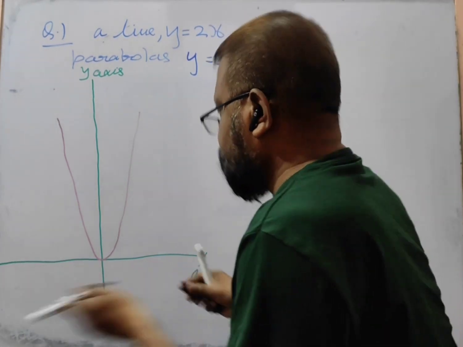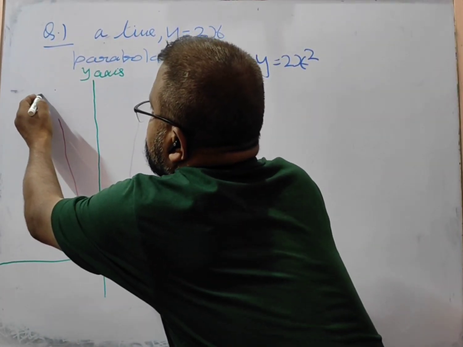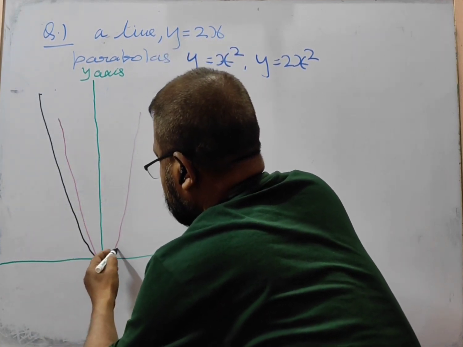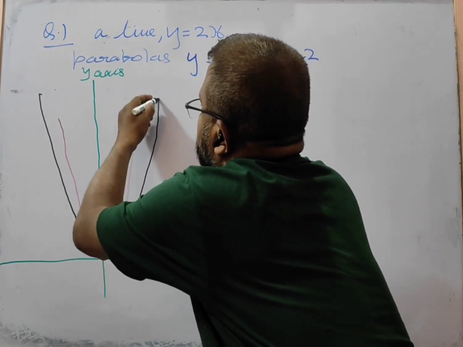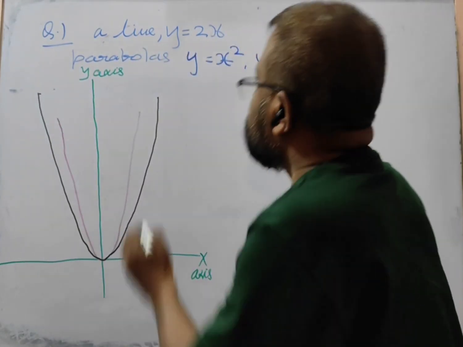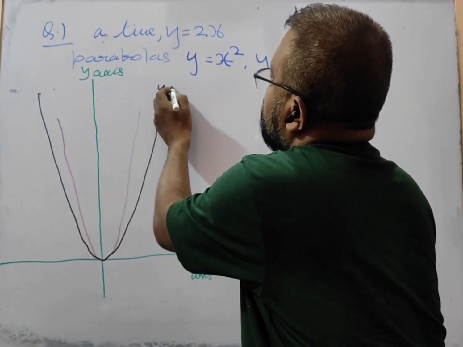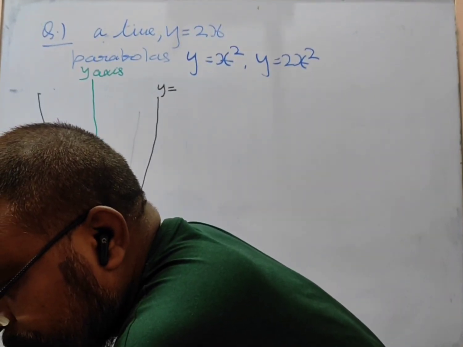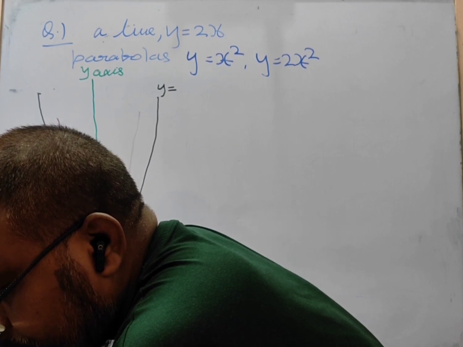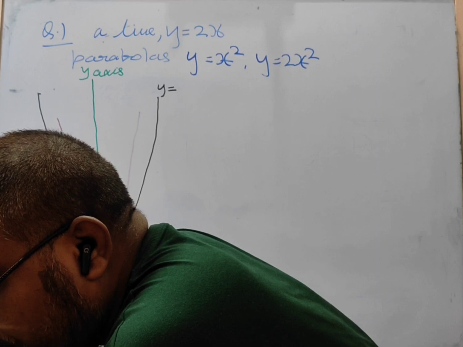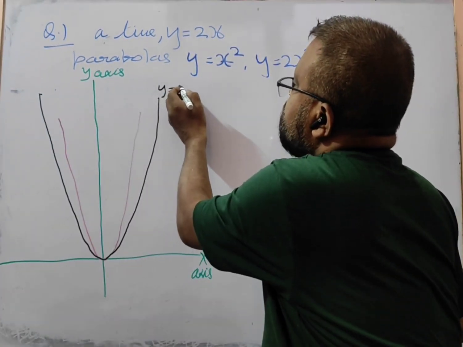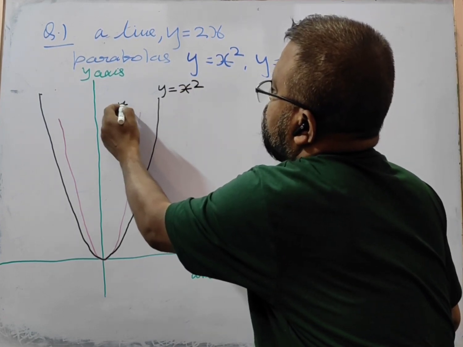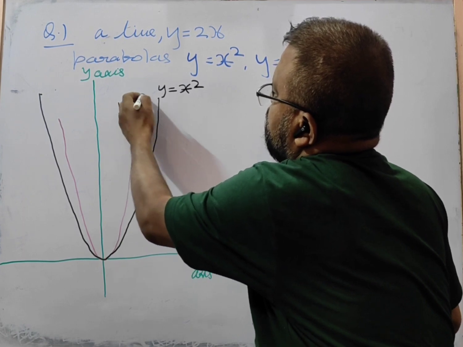Another one we have is like this. This is y is equal to x square, and this is y is equal to 2x square.